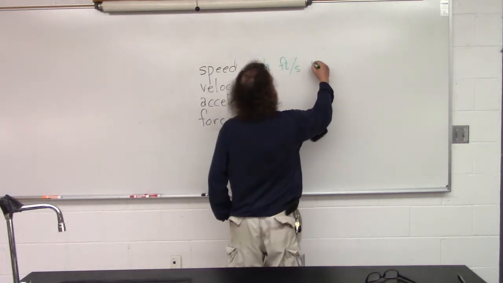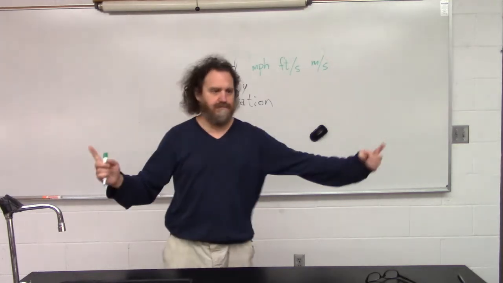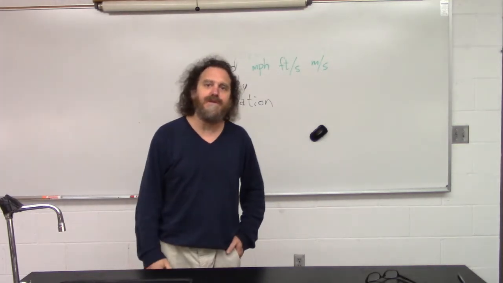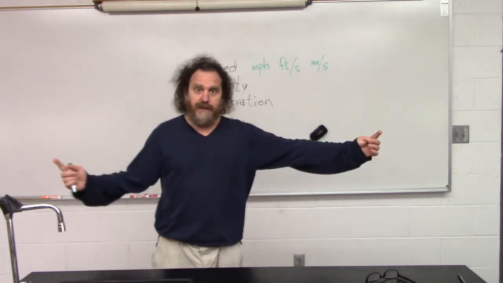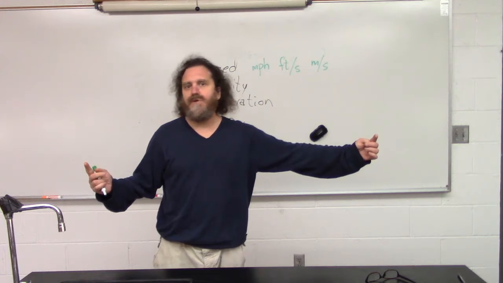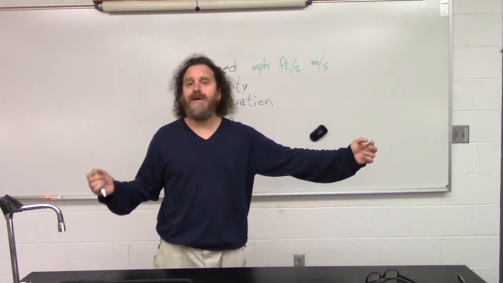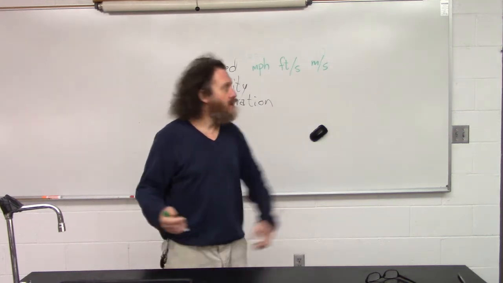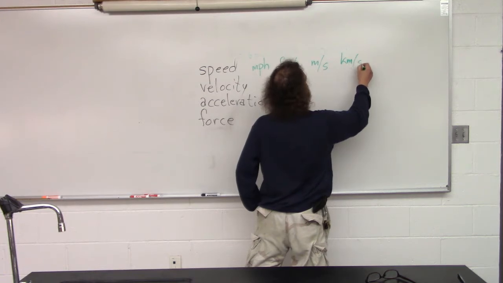Another is meters per second. A meter is about that much, the standard international unit of distance. So 1 meter per second is a higher speed than 1 foot per second, right? It's a higher speed than 1 mile per hour too. So that's the standard international unit of speed. But you could have others, like kilometers per second.